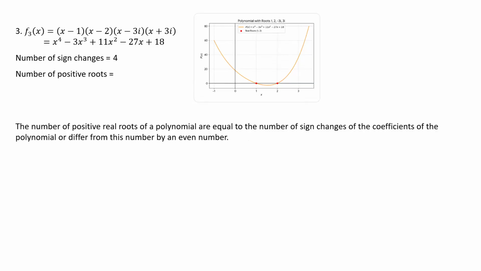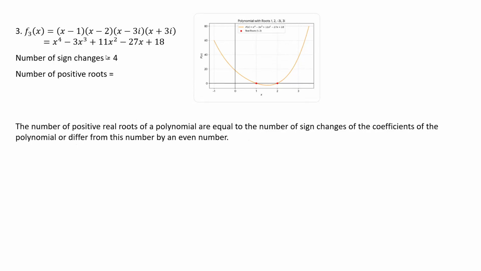He said the number of positive real roots of a polynomial is equal to the number of sign changes of the coefficients, kind of like what happened in the previous two problems, or differs from this number by an even number. What does that mean?